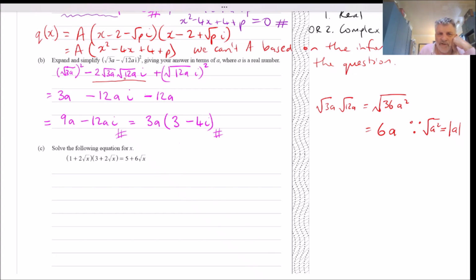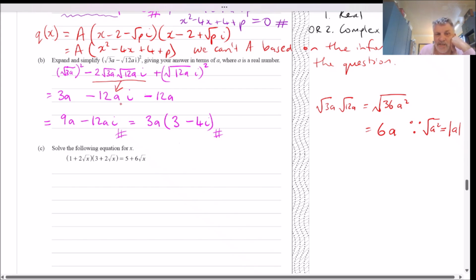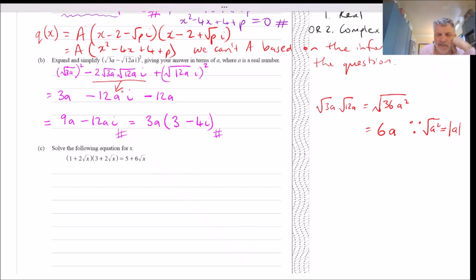It turns out, if you do all the algebra very, very carefully in here, that you do get from this step to this step, this expression to this expression. But I suspect that the markers aren't looking at the niceties there, and just assuming that you can do all the algebra like this.